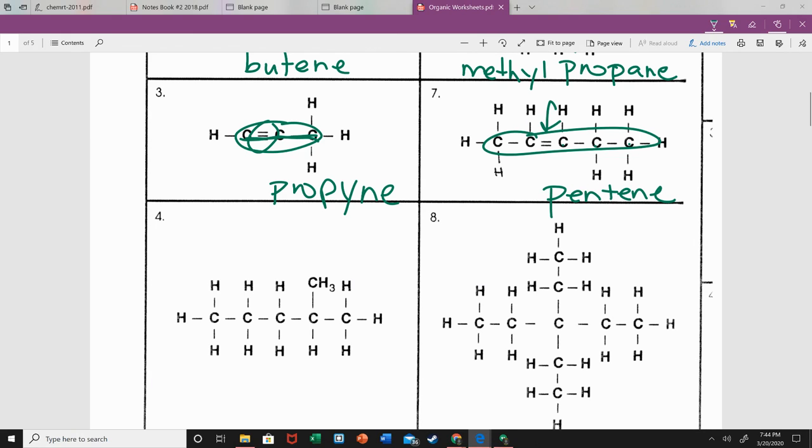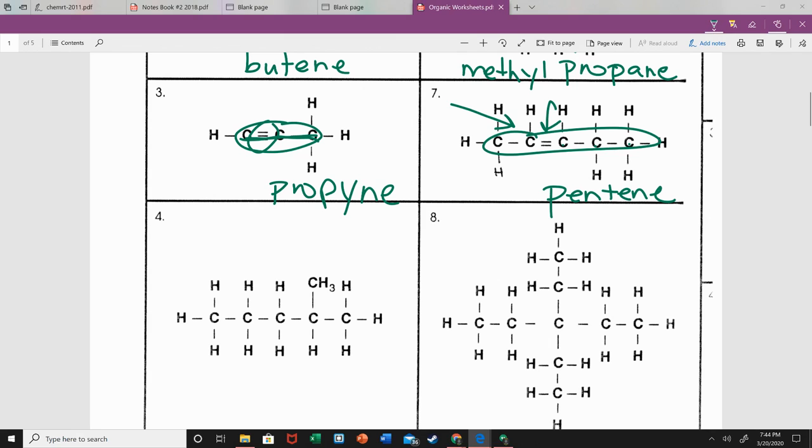There's no branches, but I have to give a location of that double bond that the arrow is pointing to, because there's more than one possible spot, right? So then I'm going to say it's closest to this side of the molecule. So that's the side I'm going to start counting on.